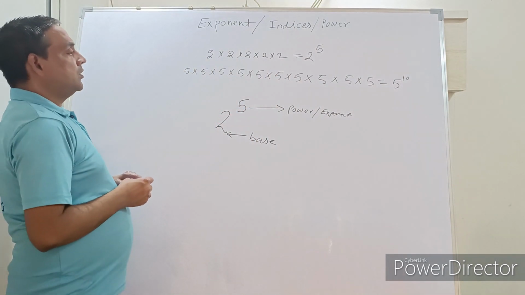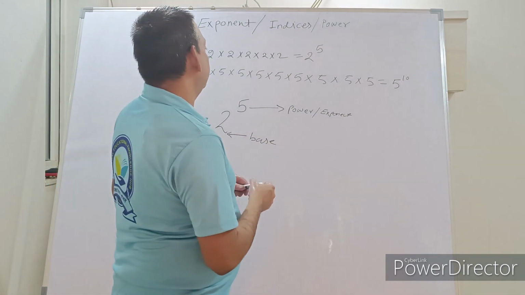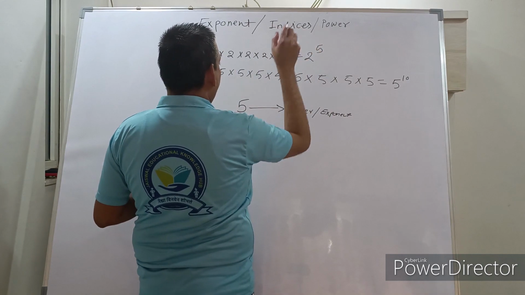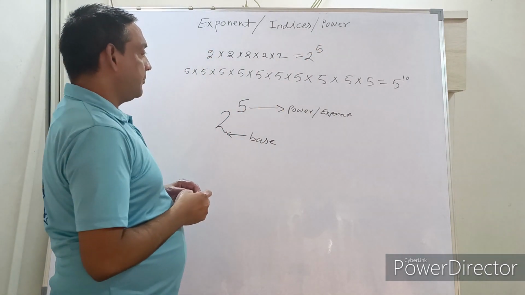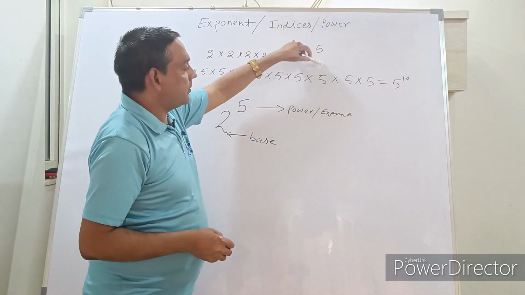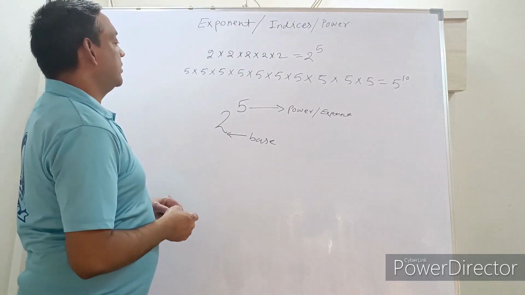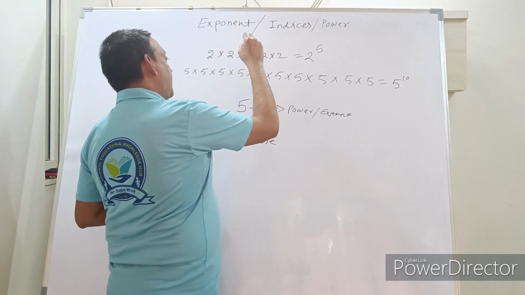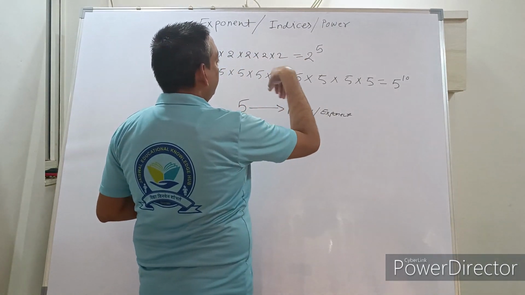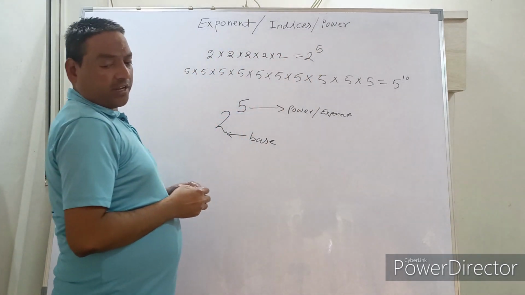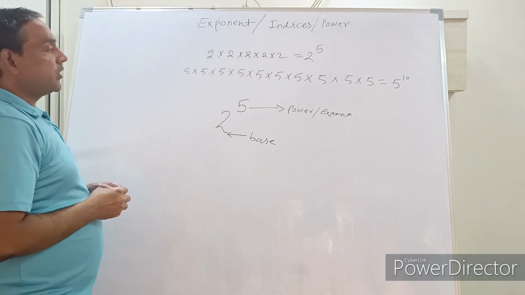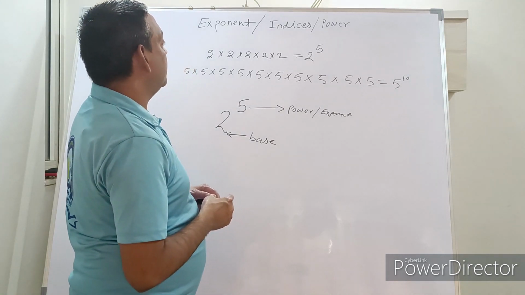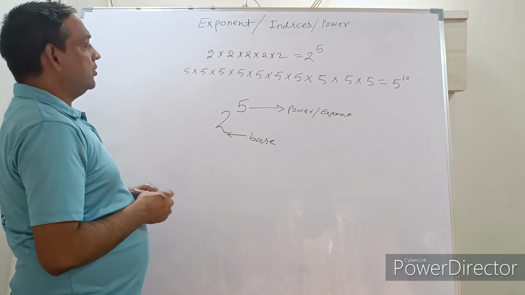So a big multiplication, we can write down in the short form. Now once we write in the exponent power form, then we can multiply in this, we can add also in this, we can subtract also in this. So we can do different calculations in this.